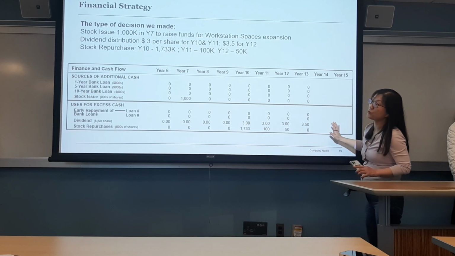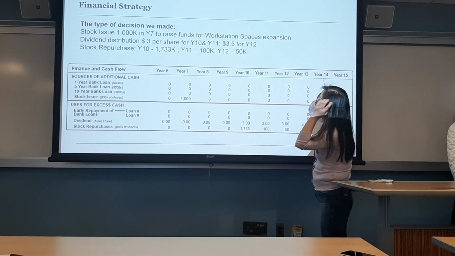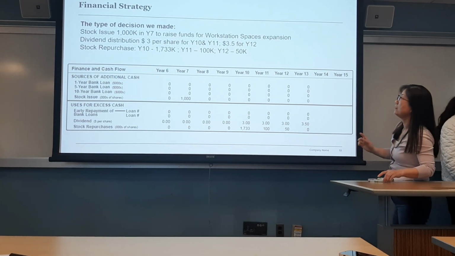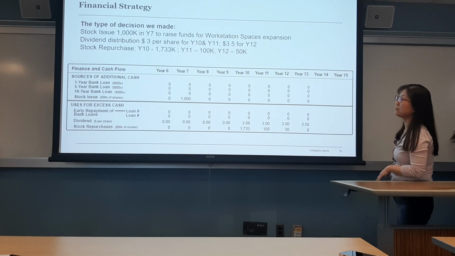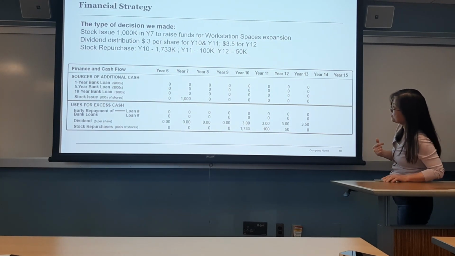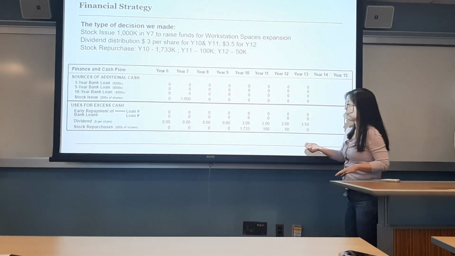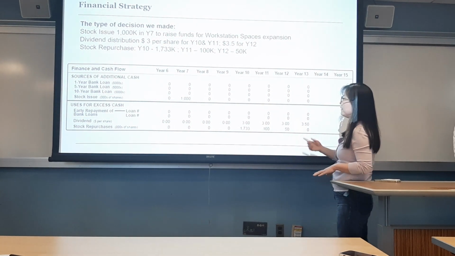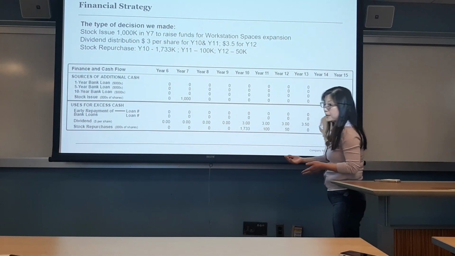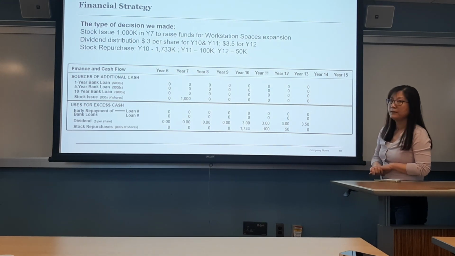So this is our strategy. We issued stock in year 7 to raise funds for the workstation expansion. In year 10, we decided to give dividends, and we bought back some part of the shares.